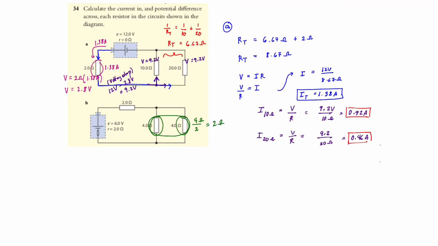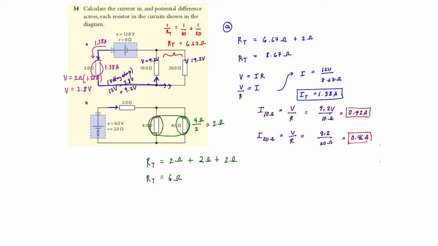If we look at the circuit, the total resistance is 2 ohms for this part, plus 2 ohms on this part, plus another 2 ohms for the resistance of the battery. And so the total resistance will now become 6 ohms.